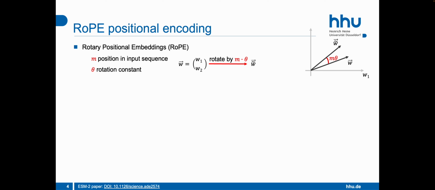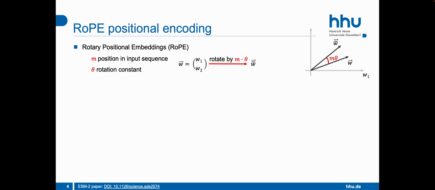We're now going to look at how RoPE embeddings work. RoPE stands for Rotary Positional Embeddings, and the broad idea is that instead of using some kind of positional embeddings that we add to the token embeddings, we rotate the token embedding by a certain degree. And how much we rotate the token embeddings depends on the position.